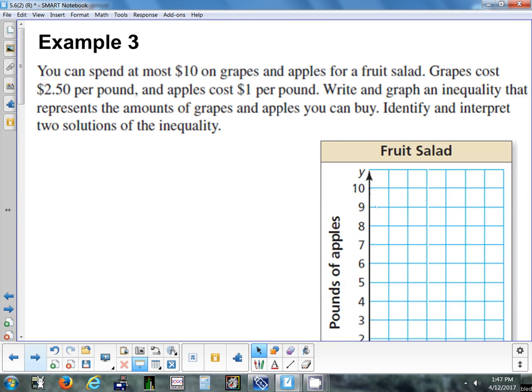So it says grapes cost $2.50 a pound, apples cost $1 a pound. First thing is we're going to write an inequality, and then we'll worry about graphing it after. So I'm just going to start out with the basic idea. Our total cost has to be what?